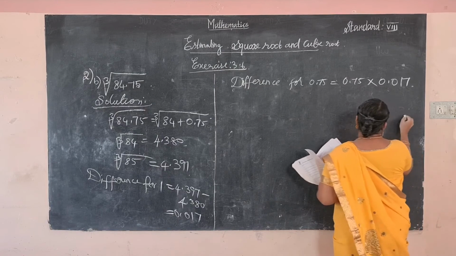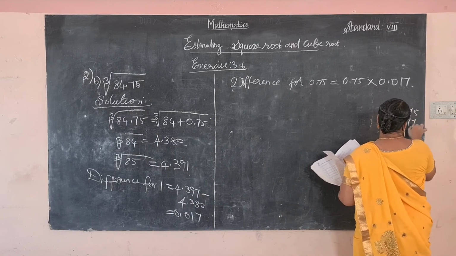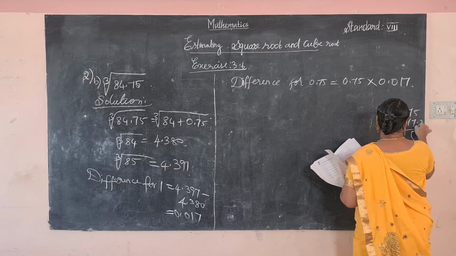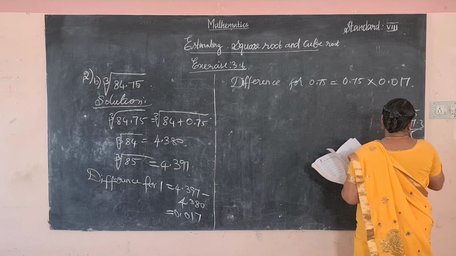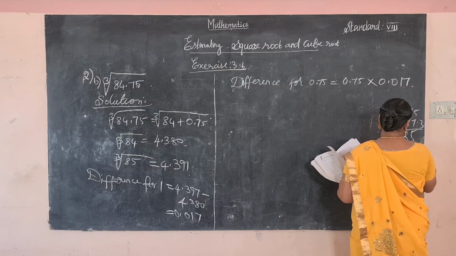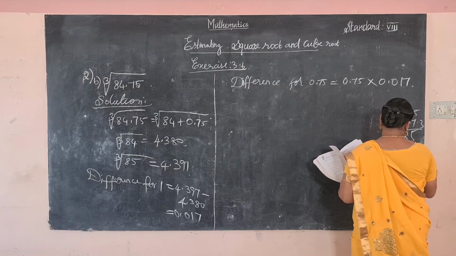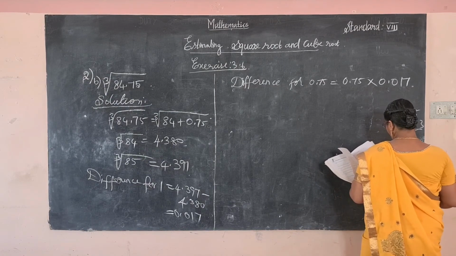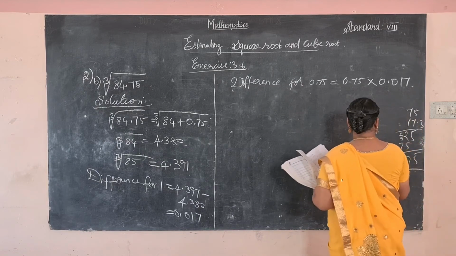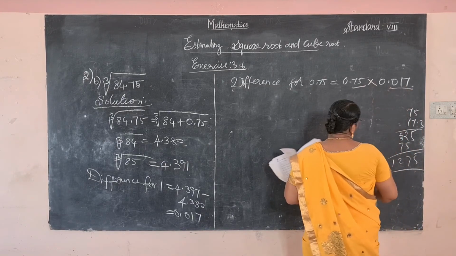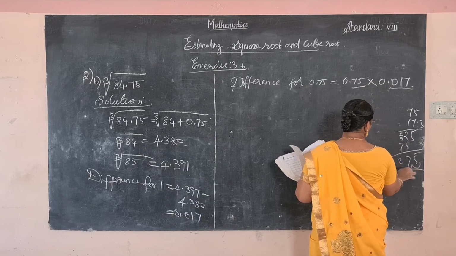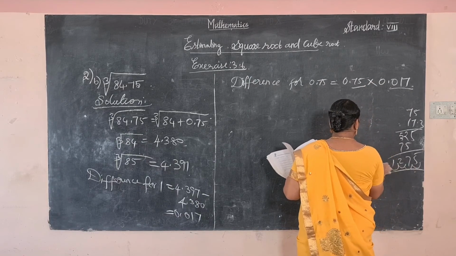So multiply. 35, 49, okay, so 1275. How many decimal places are there? 3 plus 2, 5. So 1, 2, 3, 4, 5.